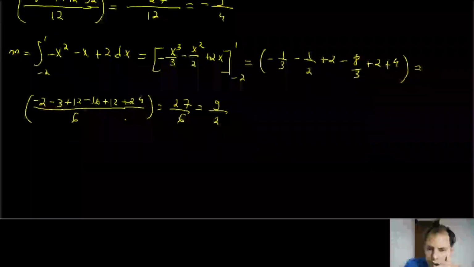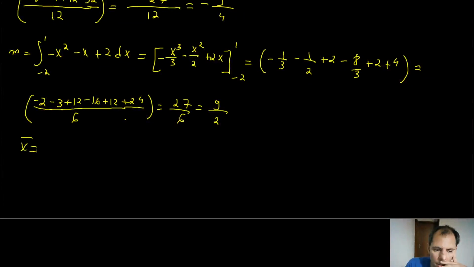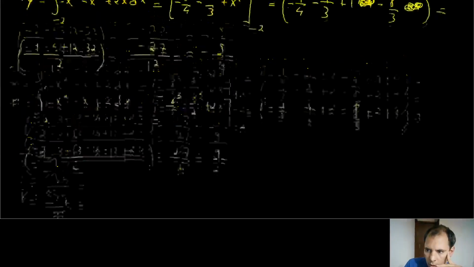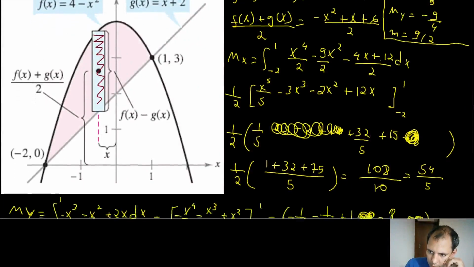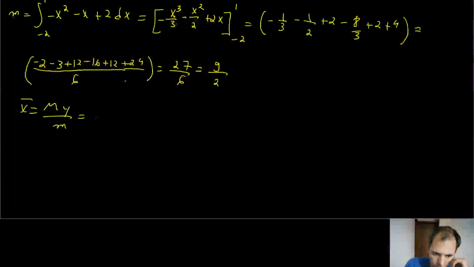Now let's do it. The x bar equals m about y divided by m. M about y is -9/4 divided by 9/2, so it's times 2/9, which equals -1/2.